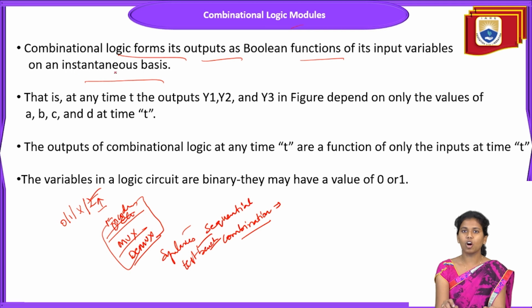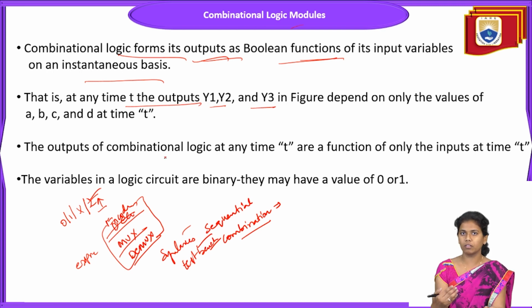Here, the combinational logic forms its output as Boolean functions. Based on the outputs that we are getting, we are able to write the Boolean expressions. At any time the outputs may be y1, y2 and y3.